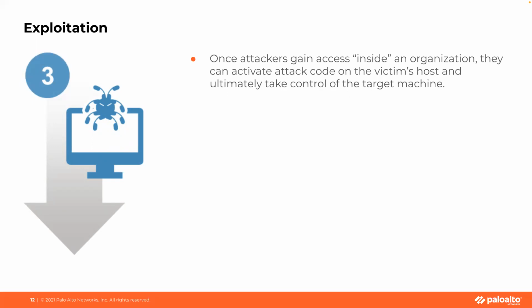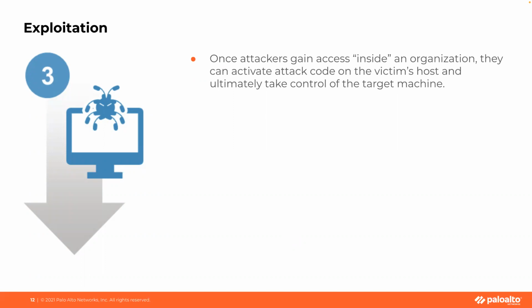But also, more sophisticated, the file could be exploiting some piece of software that's running on the endpoint. For example, if a user received or downloaded a PDF file, they might be opening it in Adobe Reader, and the PDF file might be trying to exploit a vulnerability in Adobe Reader.